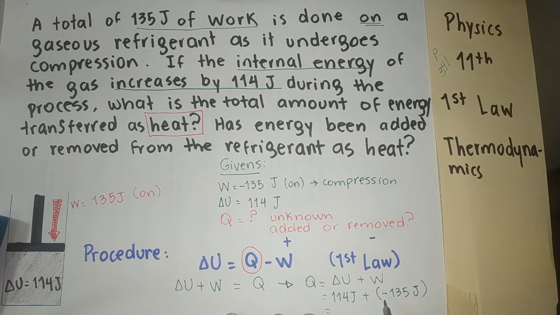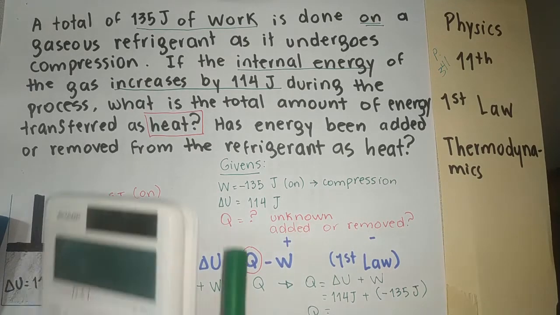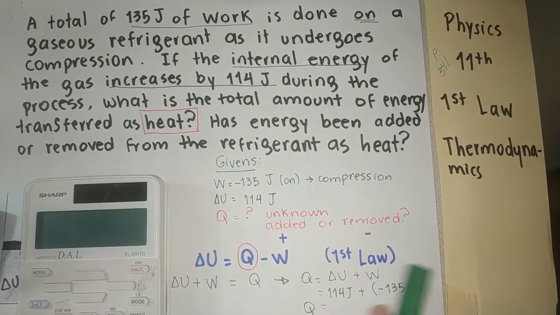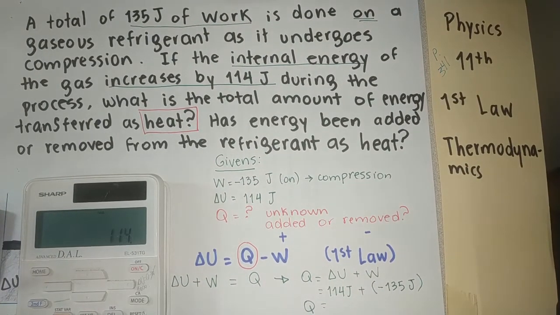Plus and minus gives you negative, so 114 minus 135 gives you Q equals, you do it with your calculator, of course. I know it's just a little addition and subtraction. So 114 minus 135, negative 21.